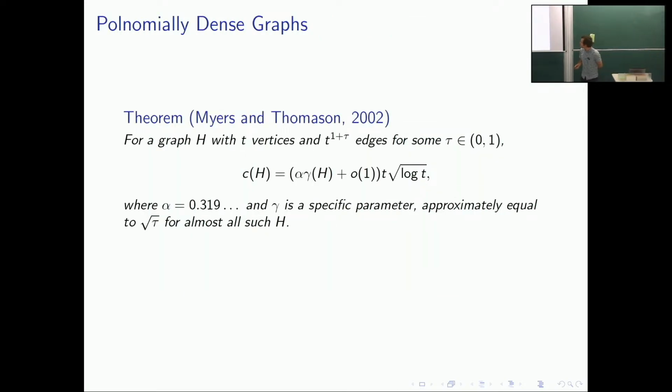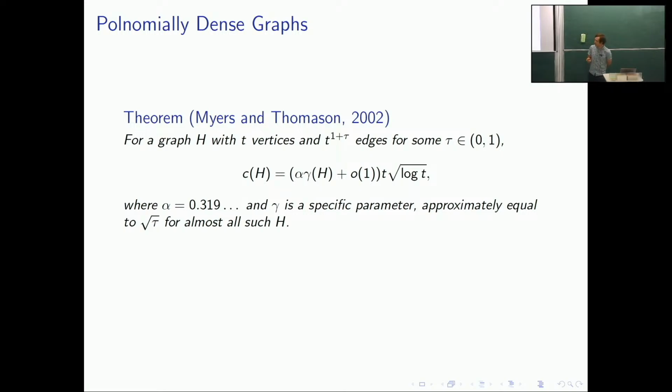Okay, so the result for general complete graphs was extended to non-complete graphs. So there's this formula here, which asymptotically determines the extremal function for graphs which are polynomially dense.